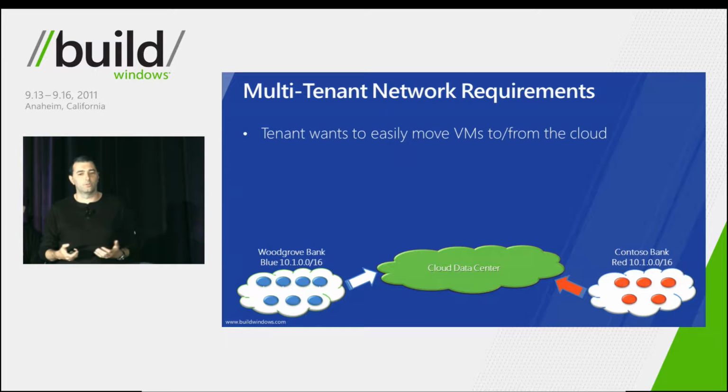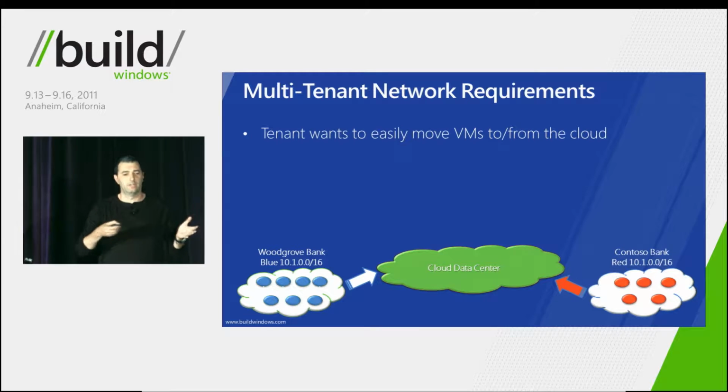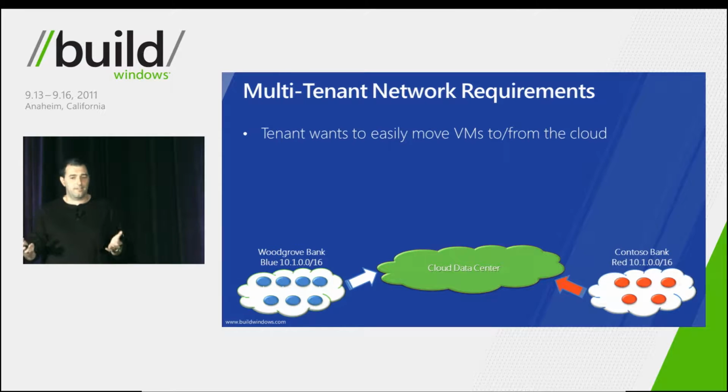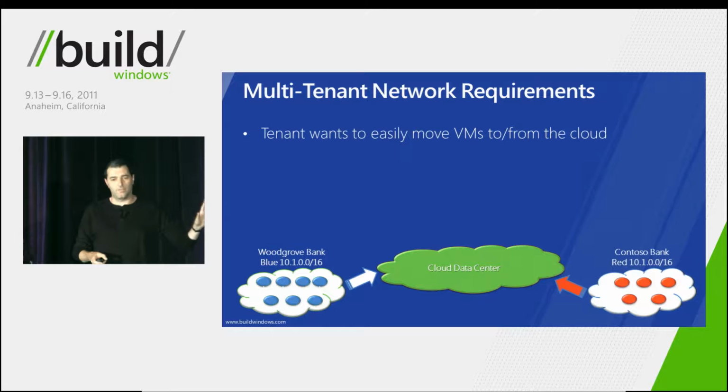They don't want to do things differently just because they want to move their workloads into your cloud. They probably had this environment running in their existing infrastructure on site, and they decided that some workloads they will keep on site, but some others they want to move to you, and they don't want to do reconfiguration of everything. They just want to move it as is.